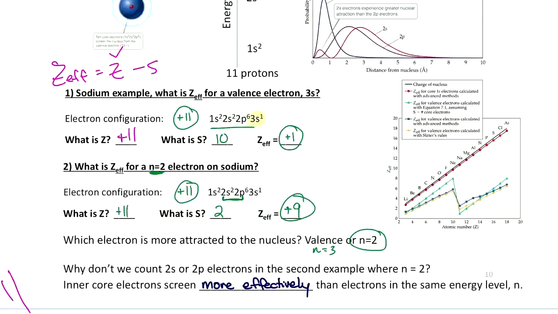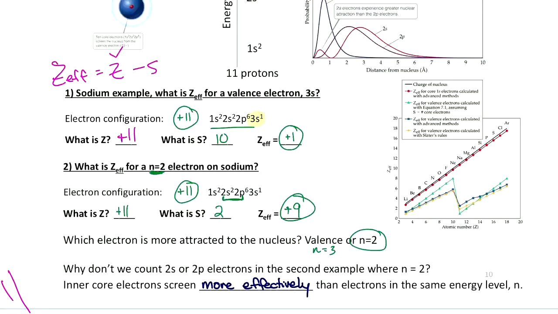And so the question is, for this last example, when I said n equals 2, why don't we include the s and the p electrons in the n equals 2 in our shielding calculation? So I'm going to go back to my concert analogy.